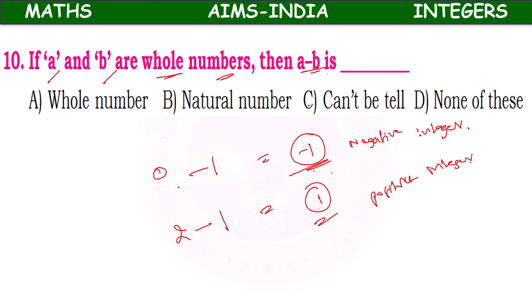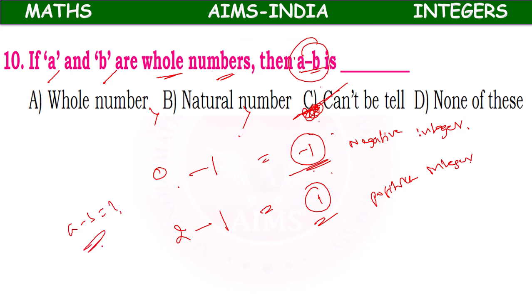So A minus B is not necessarily a whole number, not a natural number. It depends on the values of A and B. Without knowing the values of A and B, we cannot tell what A minus B is.